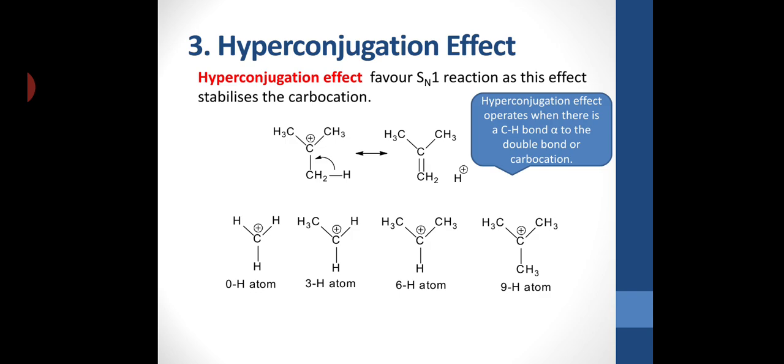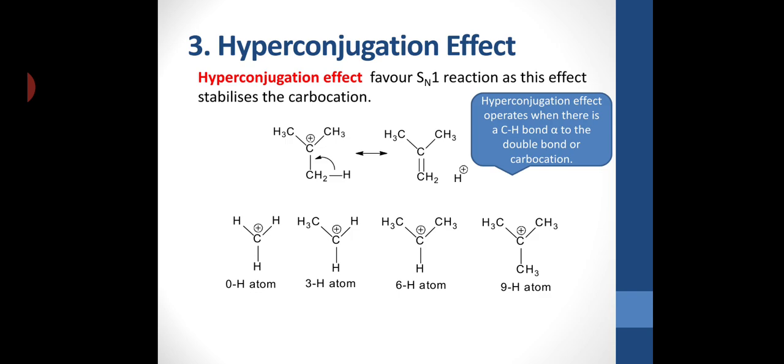What happens is the alpha CH bond breaks and donates its electron to the carbocationic center, which stabilizes the carbocation, and the H plus ion does not go far off but remains in the vicinity of the molecule.